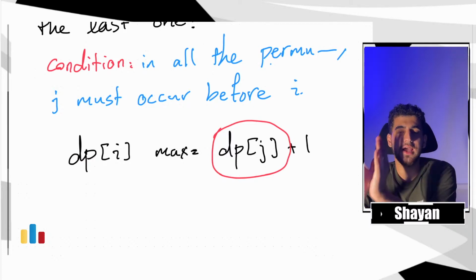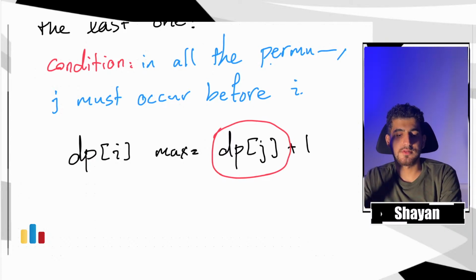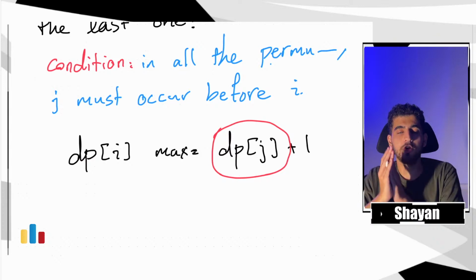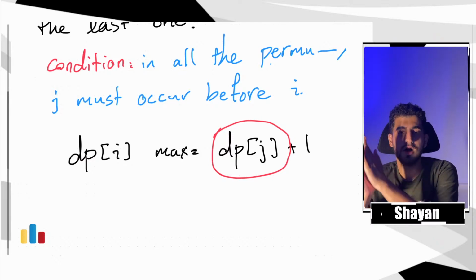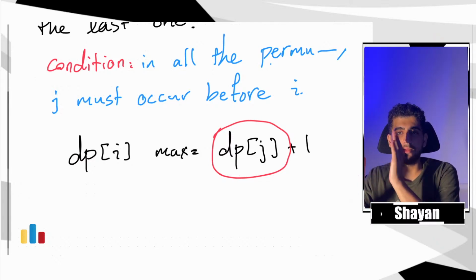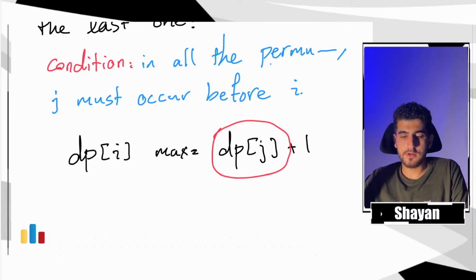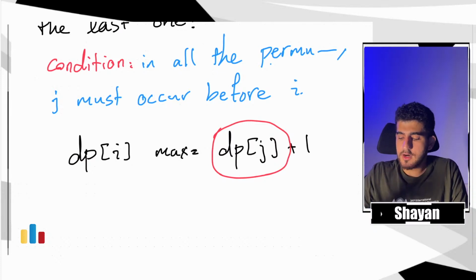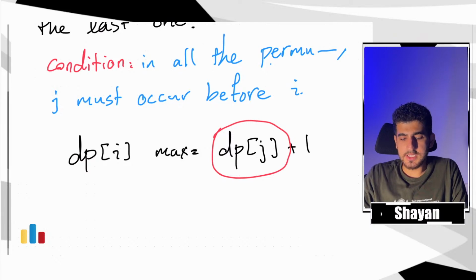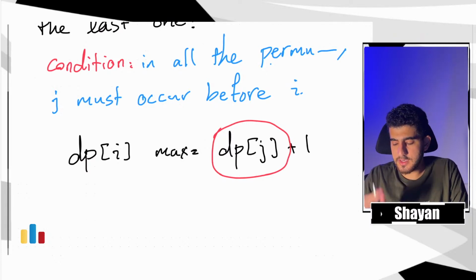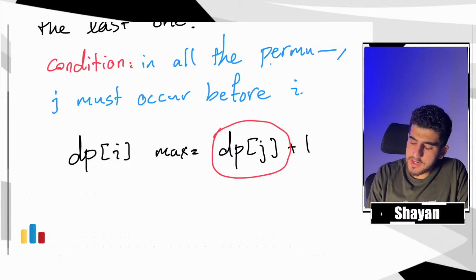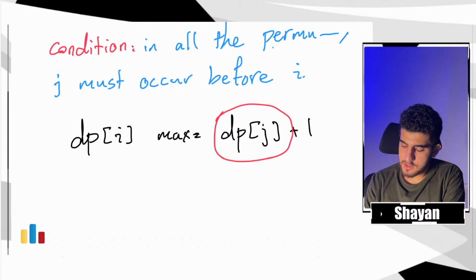So I'm fixing the element before the last one. I know the last element is I. Now I'm trying to fix the element before the last one, which is going to be some j. This is how I can find it out. But there are two main issues. The first issue is, how can I check this condition?